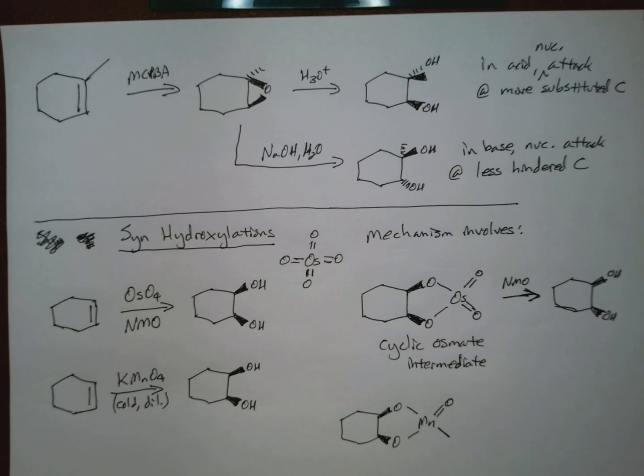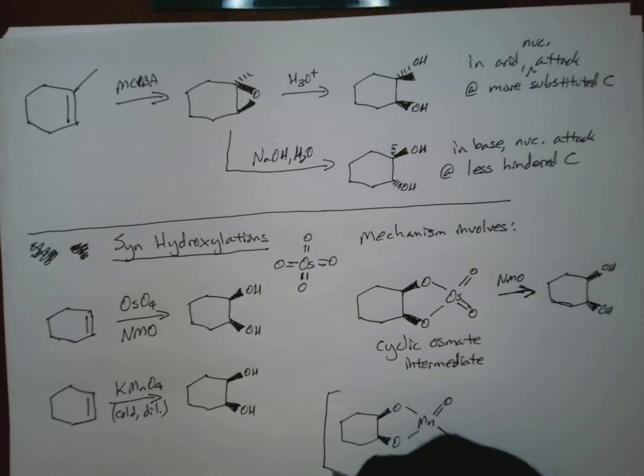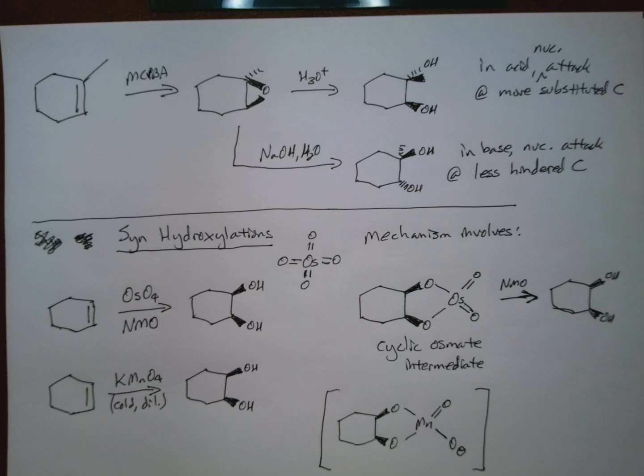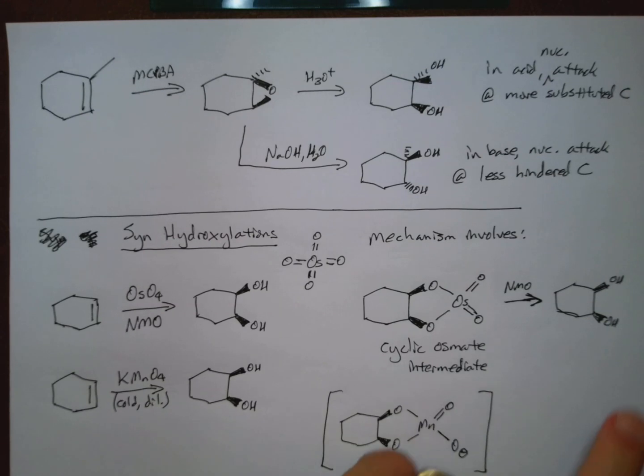So yeah, that would be an O minus here. You don't actually isolate this, so let's just go ahead and put that in brackets there. And then that will be further reduced to the dihydroxy species.